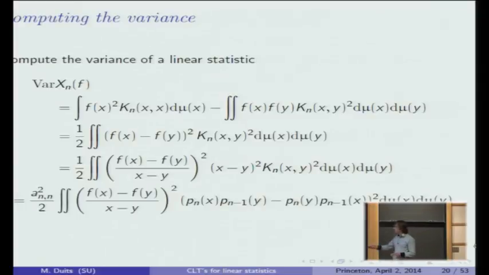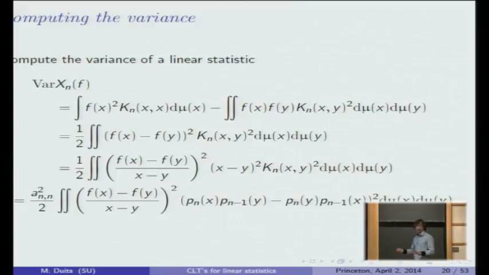So now I use the special property that I am dealing with an orthogonal polynomial ensemble. I can write this in terms of the polynomials of degree n and n minus 1, with the recurrence coefficient in front. This is a nice form.